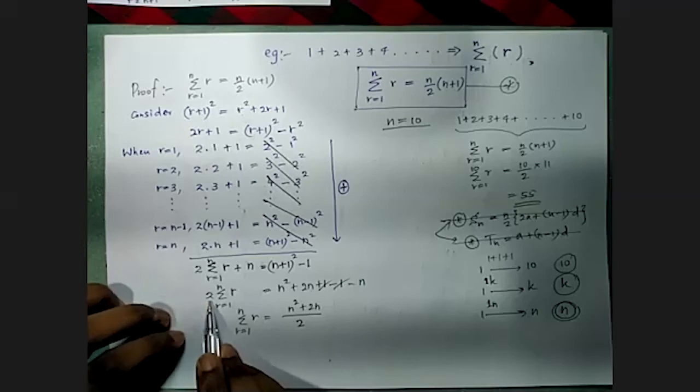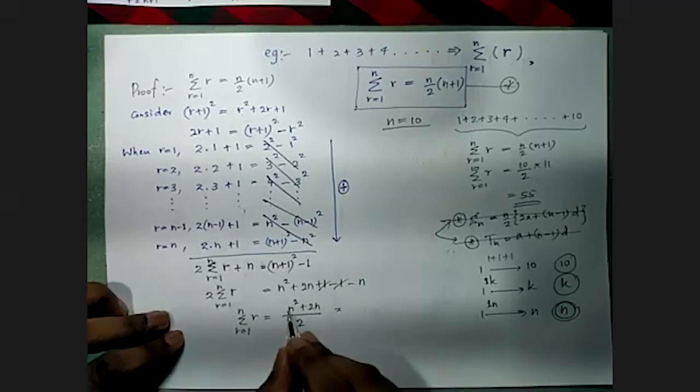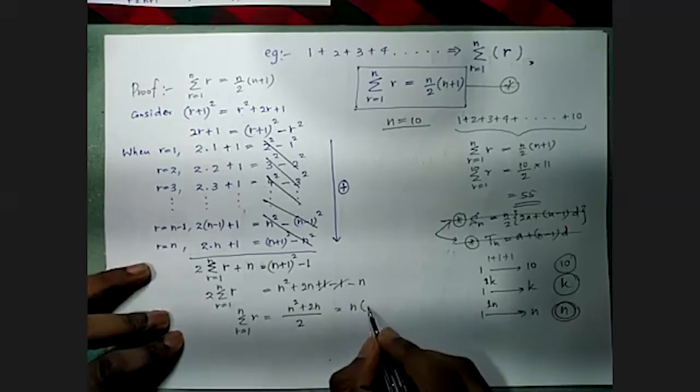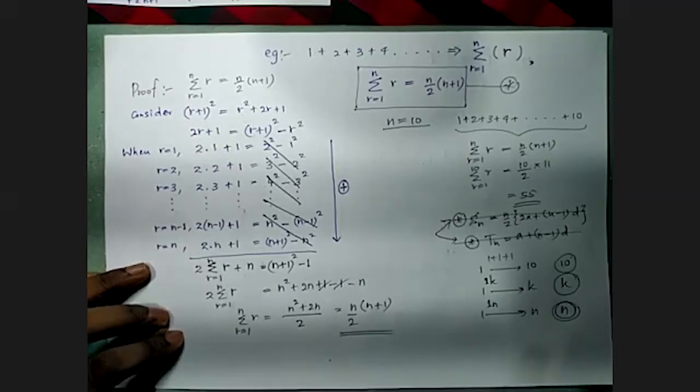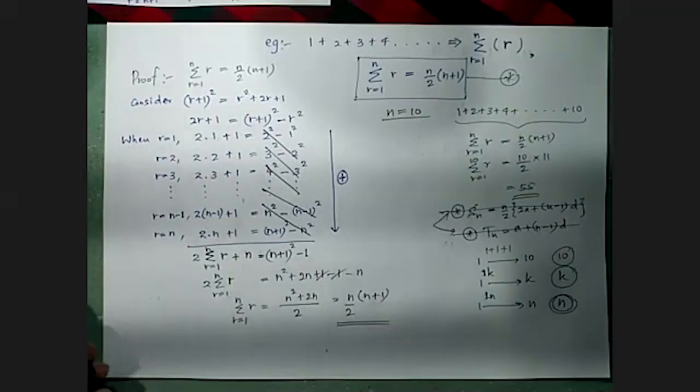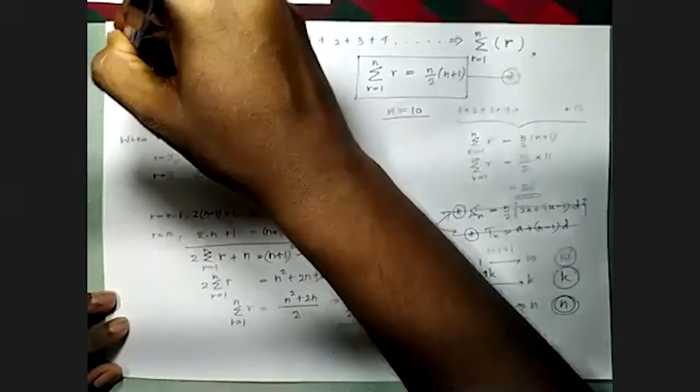We have to divide by 2. Here we have a common factor n. Take that out. This is the answer. n into n plus 1 divided by 2. So this is the proof. You should know this proof.